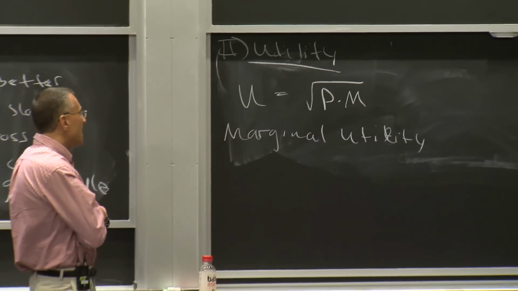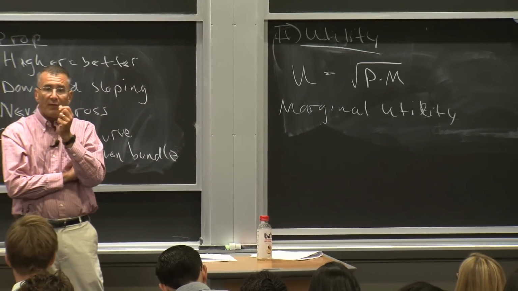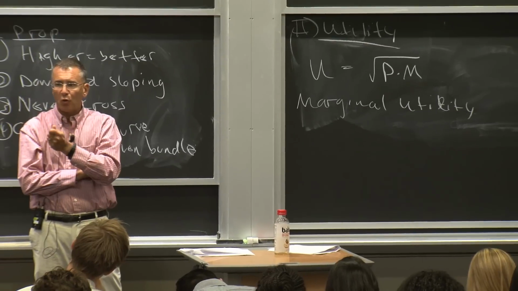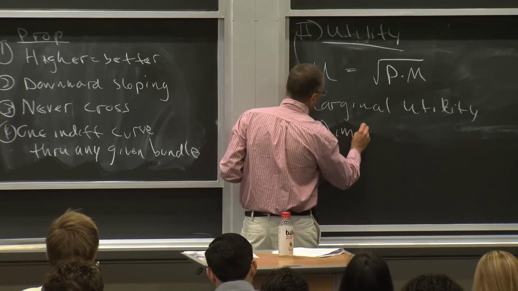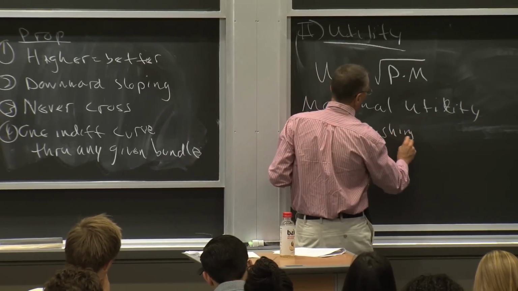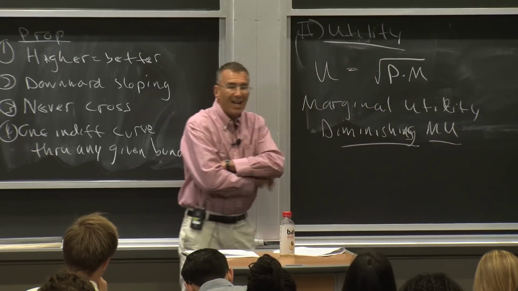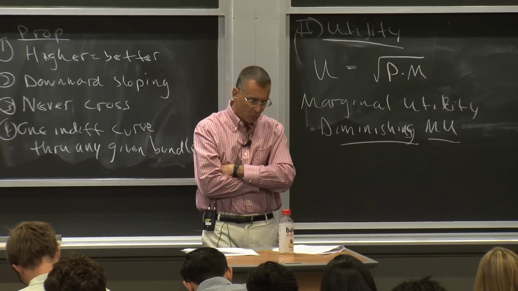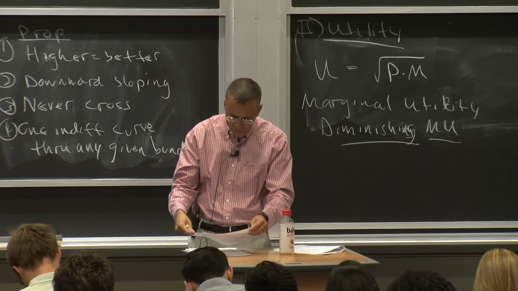And the key feature of the kind of utility functions we'll use in this course, by and large, is they will feature diminishing marginal utility. Diminishing marginal utility will be a key feature of the kind of utility functions we'll almost always use in this course. Okay? So we can see this in figure 4.4.